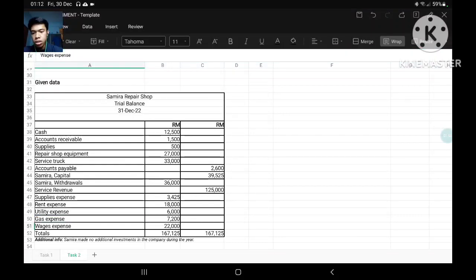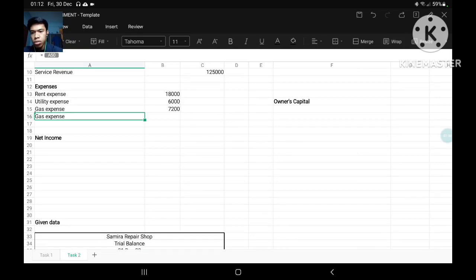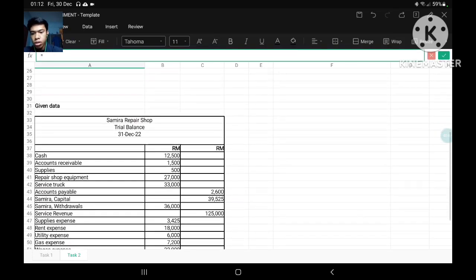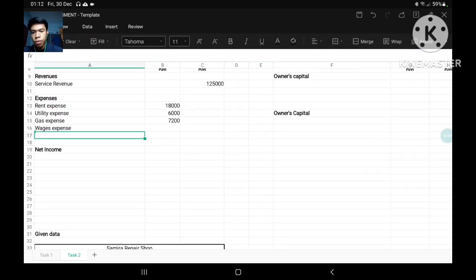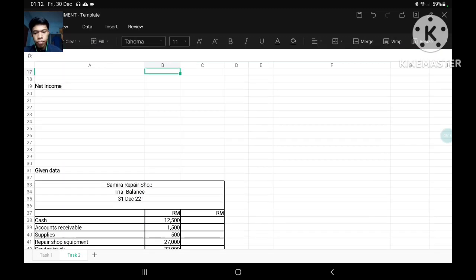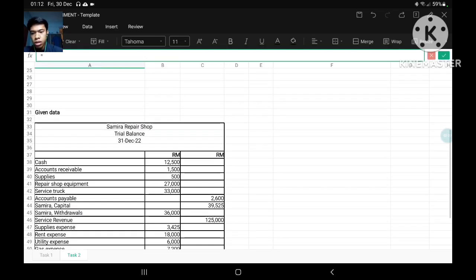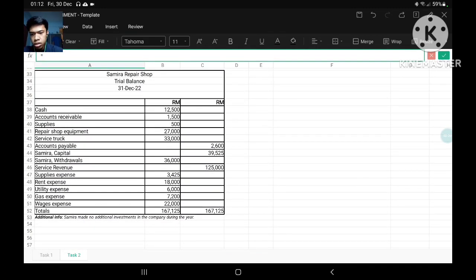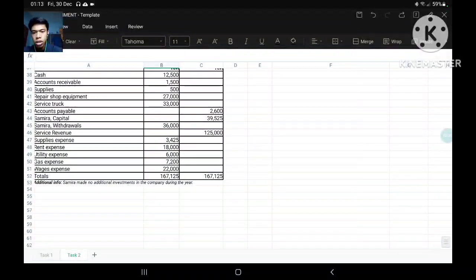Equal wages expenses, equal, and the last is the supply expenses.